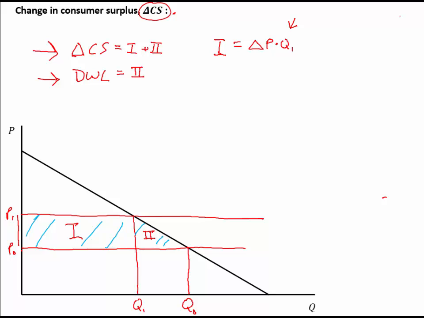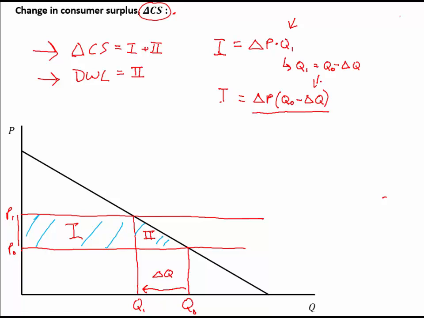But in effect, we've already predicted it, because we know the change in quantity, and Q1 is simply Q0 minus the change in quantity, delta Q. So we can actually rewrite Q1 as Q0 minus delta Q, and then the area of 1 can be written as delta P times (Q0 minus delta Q).